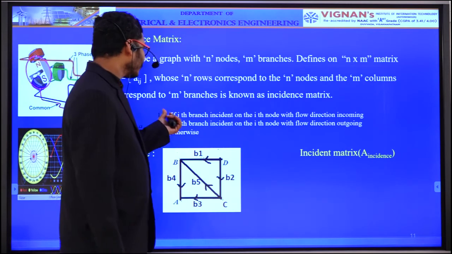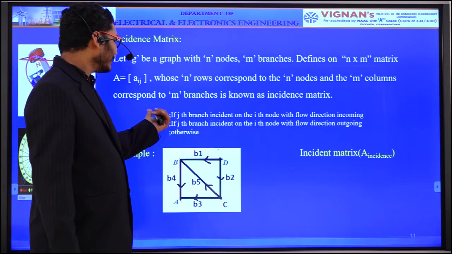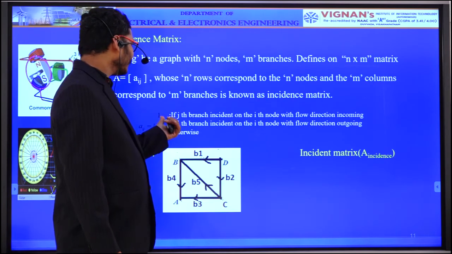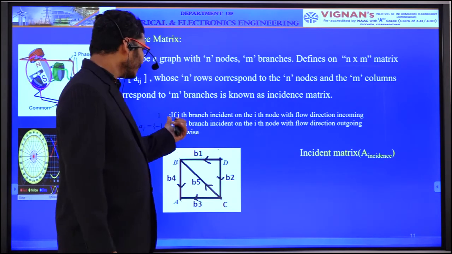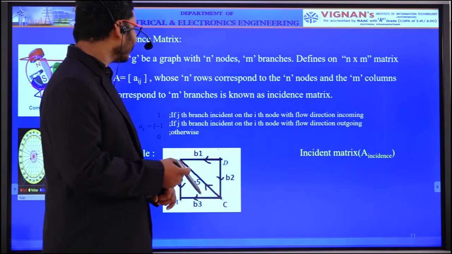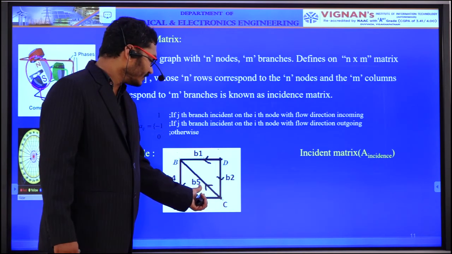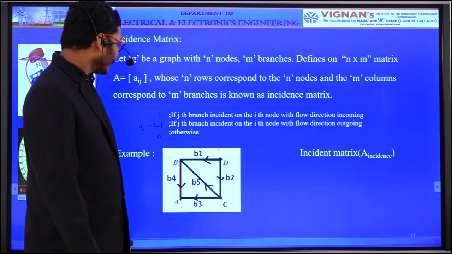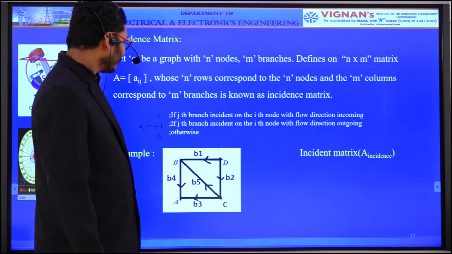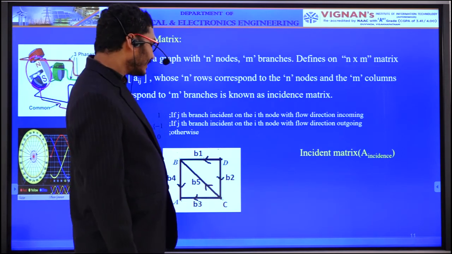So for the ith node, if the current in the jth branch is incoming, that is 1; outgoing means -1; and if there is no relation between that node and that branch, we call it 0. Now for this graph I will find the incident matrix.